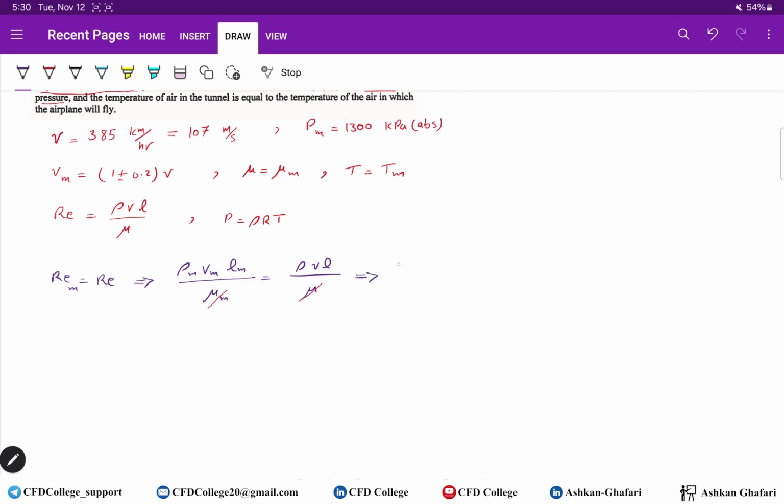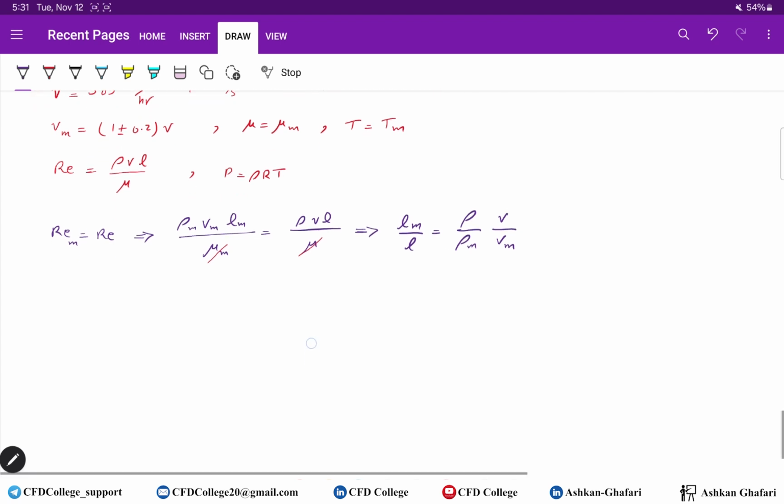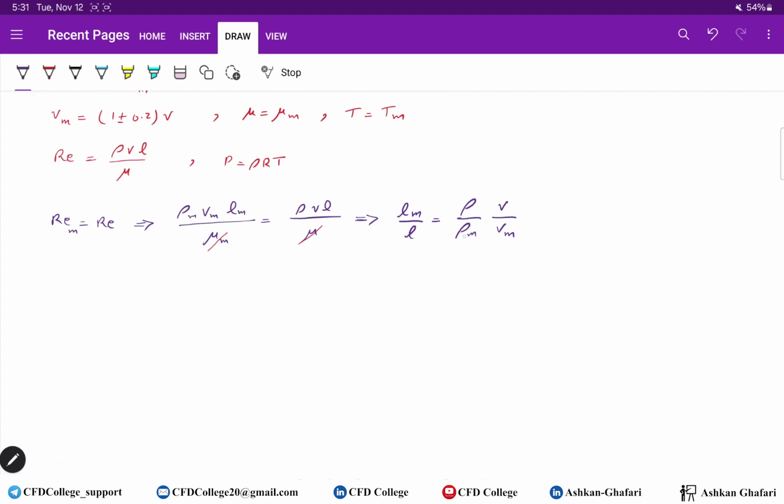So Lm over L, which we have to find, equals rho over rho m times velocity over Vm. So we have the ratio of the velocities, but we don't know anything about the ratio of densities, but we have a hint here.